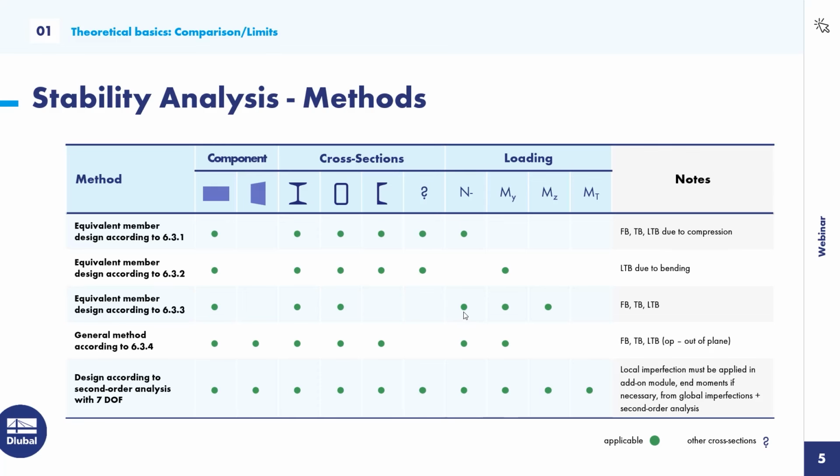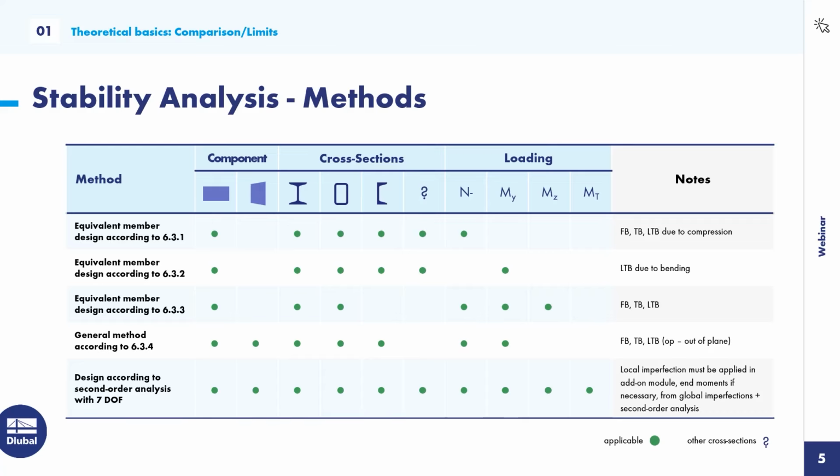And you can see normal forces and moments about the strong and weak axis are possible. And then the different designs, flexural buckling, torsional buckling, and lateral torsional buckling will be done.